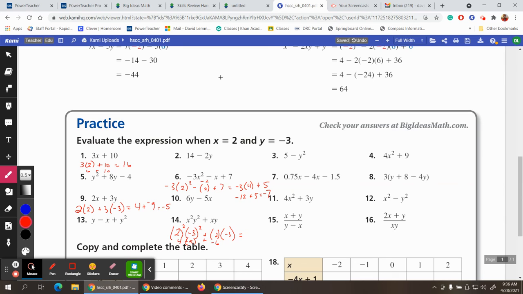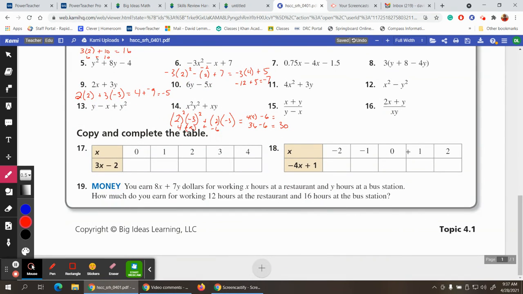So that is 4 times 9, which is 36, minus 6. So that would be minus 6, which is 30.